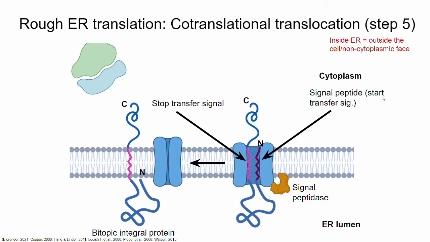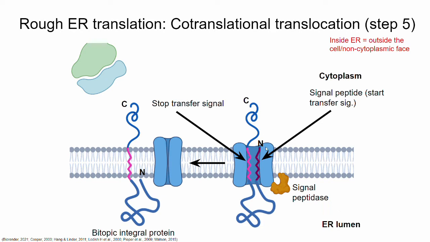It's also called a start transfer signal because it's a signal to the ribosome to start transferring amino acids inside the endoplasmic reticulum lumen in this case. So start transfer means, okay, ribosome, start adding amino acids in this side of the endoplasmic reticulum. There is another signal called stop transfer signal, meaning, okay, ribosome, no more amino acids here, continue there. That's probably the simplest explanation for these signals.